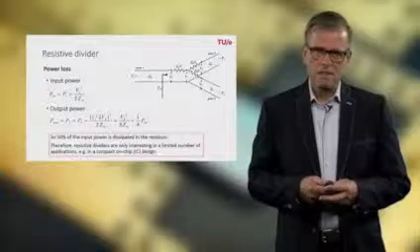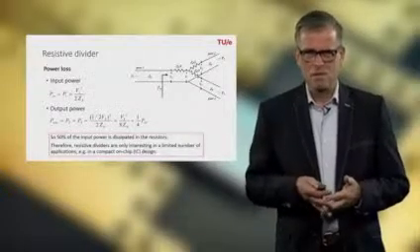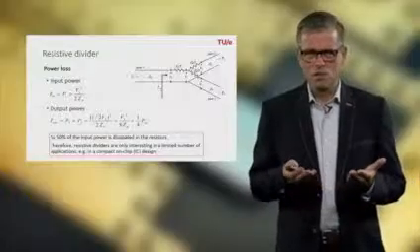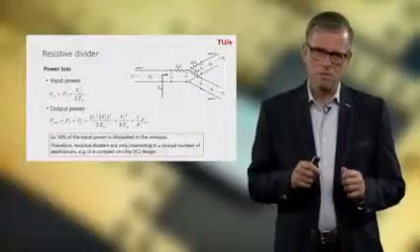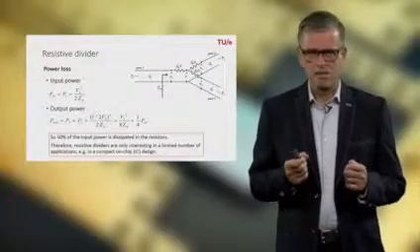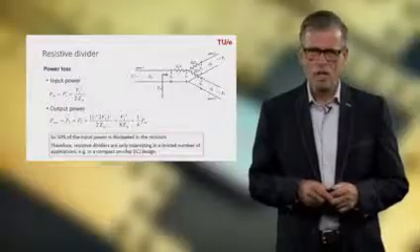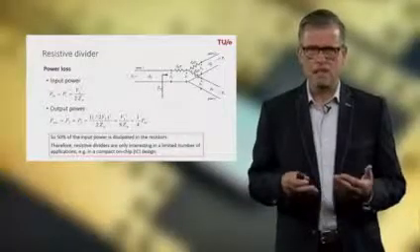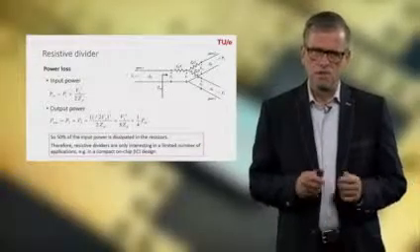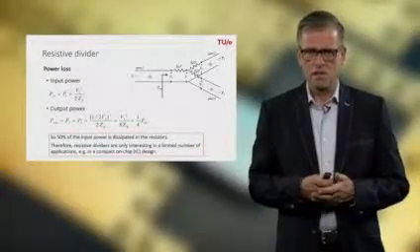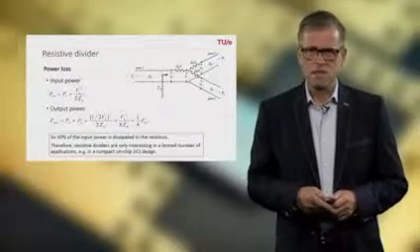That means that this divider or combiner is not very popular, so you don't want to spend 50% of your power being dissipated in the resistors, but sometimes you don't care too much about it, and that often happens in IC design, where you can compensate for power loss by adding, for example, an additional amplifier, so to compensate for that. The resistive divider has the advantage that it's very compact and everything is matched, so that could be useful in certain applications.